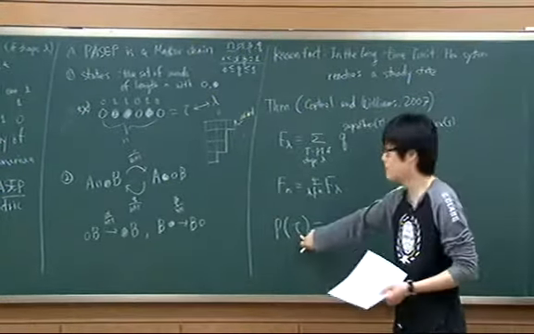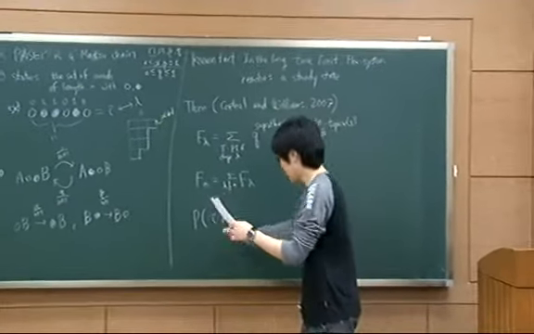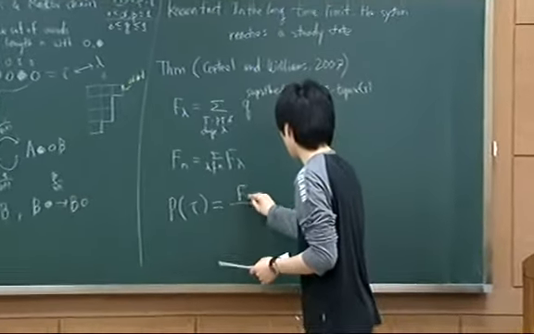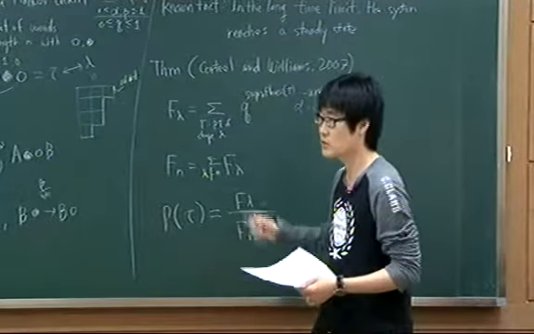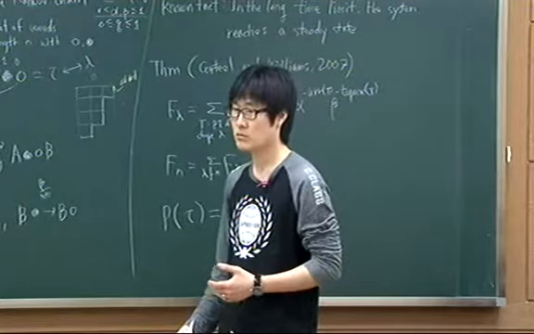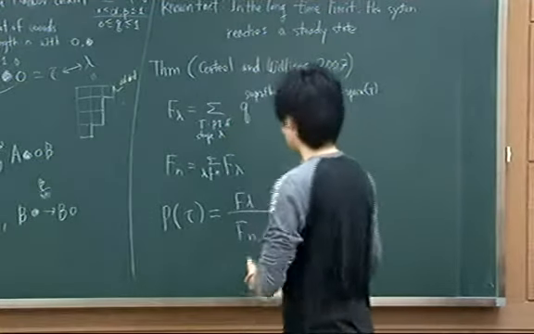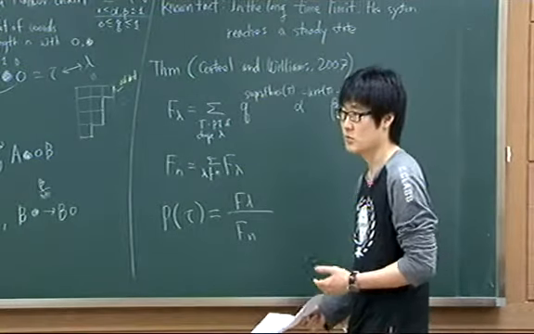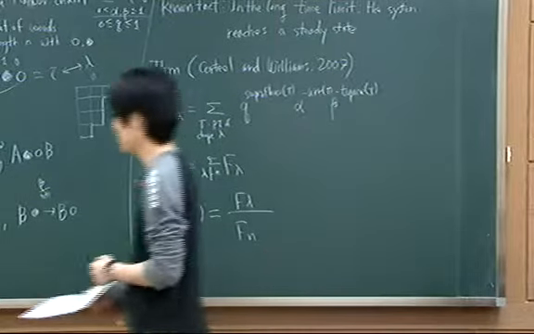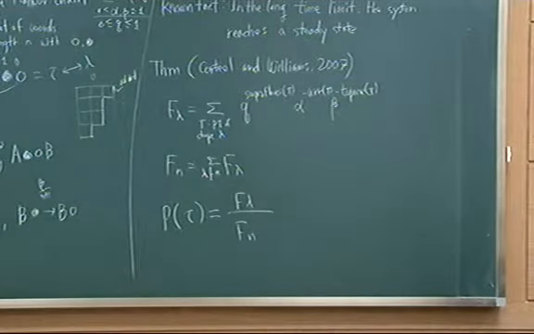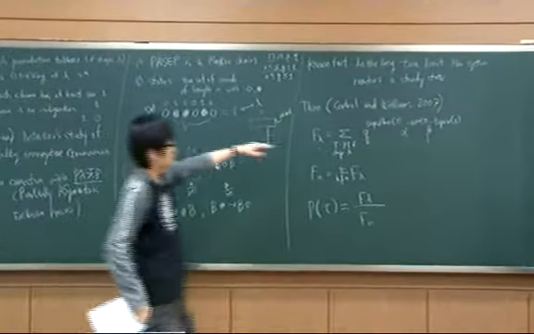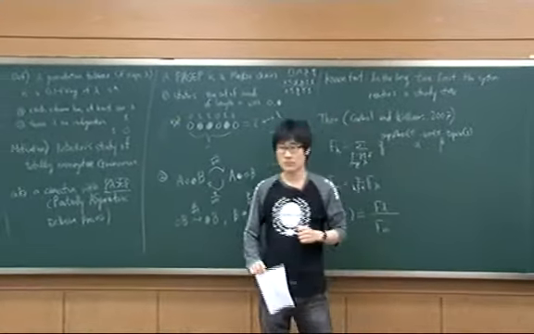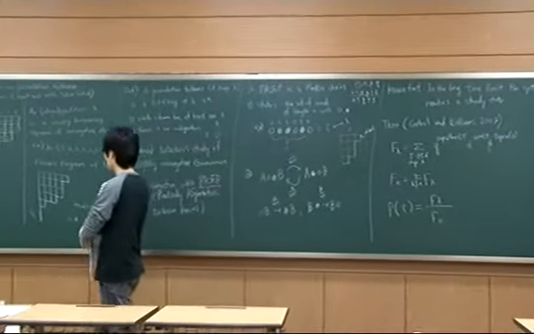Then this one is very simple. F lambda over Fn, the probability, you can write it only in terms of permutation tableau. They prove this using the so-called matrix ansatz. So we need to define these three statistics.